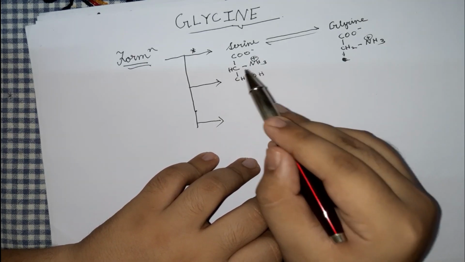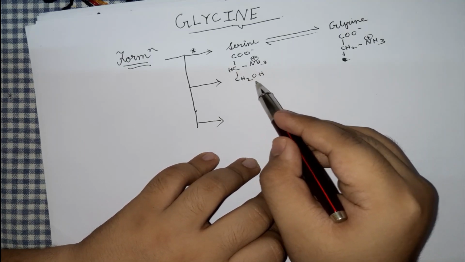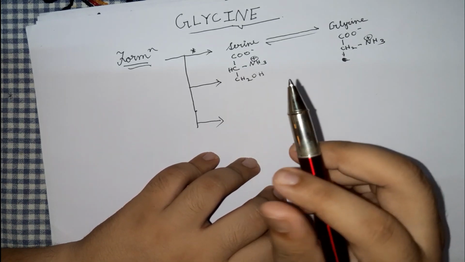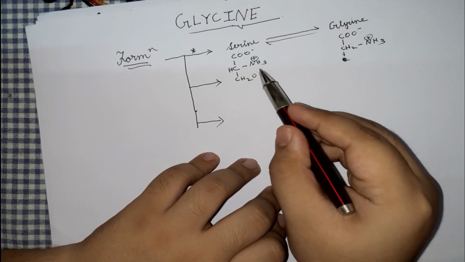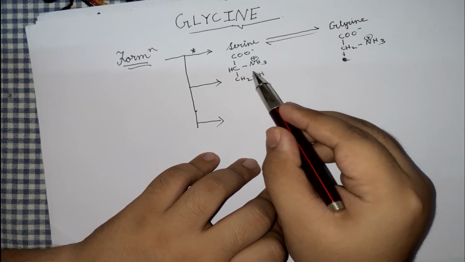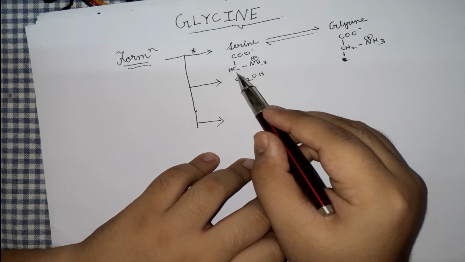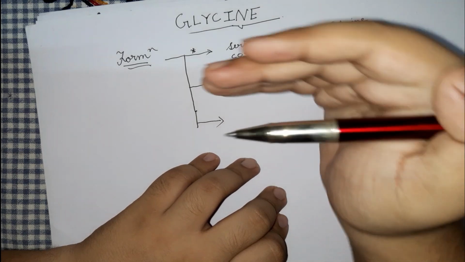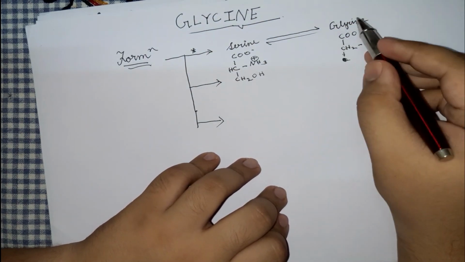So this is hydroxyl and CH2, let's remove this as methyl. So what is happening is that you are transferring a hydroxyl group and a methyl group from something to something, and hence liberating serine of this thing, and hence forming glycine.